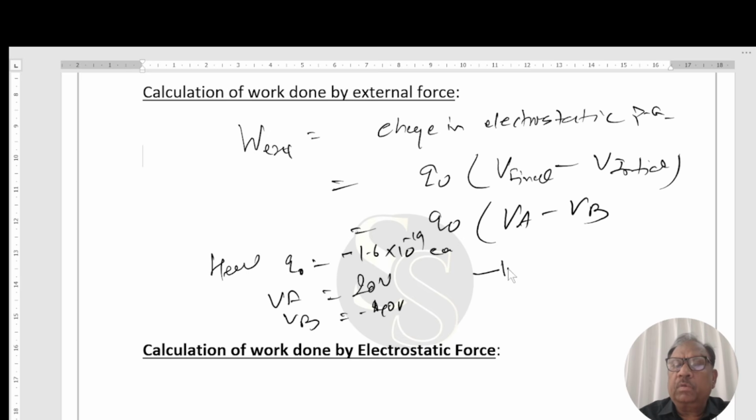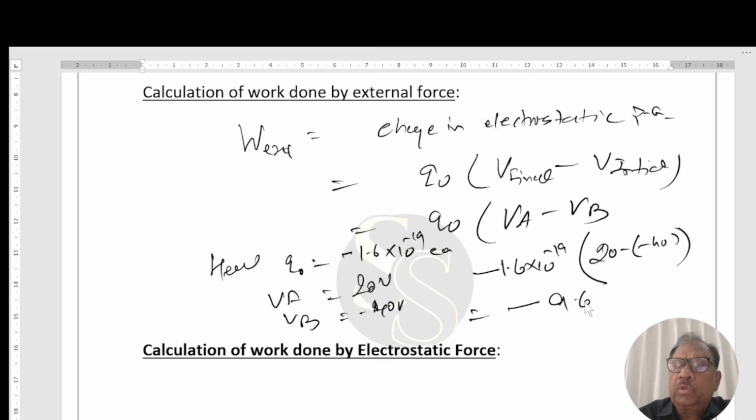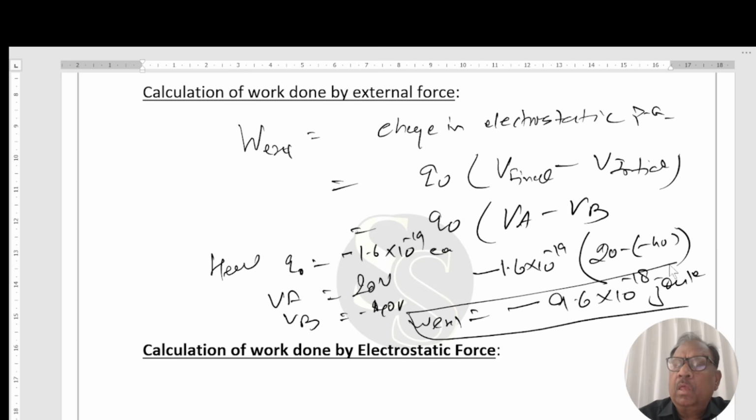That comes out to minus 1.6 into 10 to the minus 19 into (20 minus 40). On simplification, this comes out to be negative times negative, so 9.6 into 10 to the minus 18 joule. This is the work done by external force.